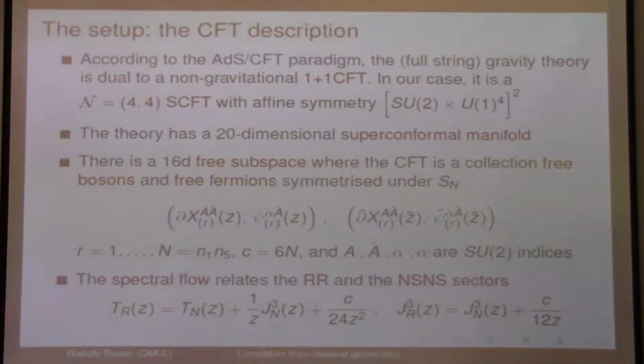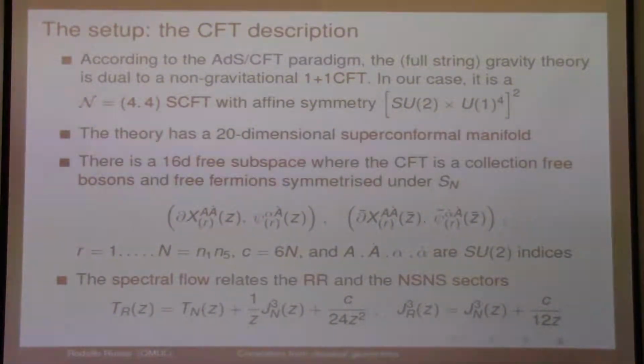And in some sense, it shares a lot of features similar to N equals 4. It's just a bit more baroque. So while N equals 4 has 2 marginal couplings, if you want, the Yang-Mills coupling and the theta angle, this theory has 20. So you have 20 parameters that you can dial, and the theory is still superconformal.